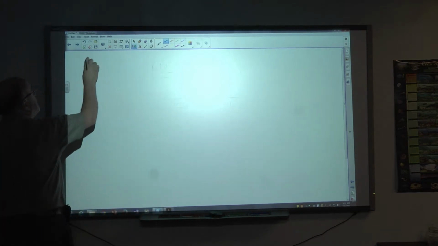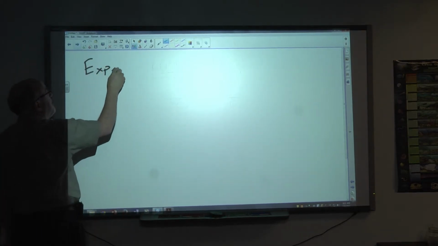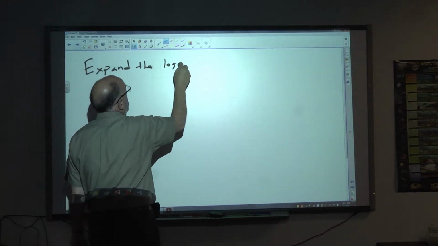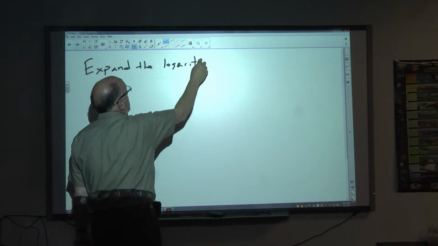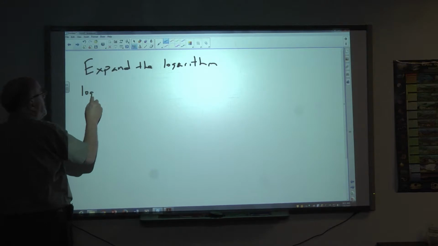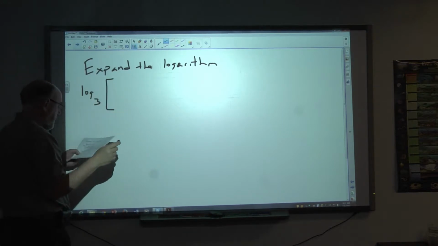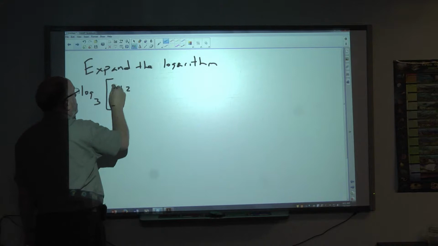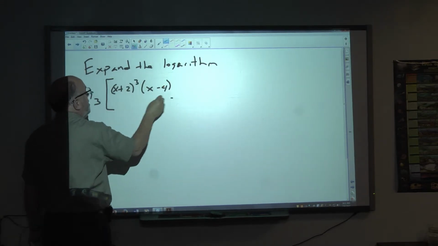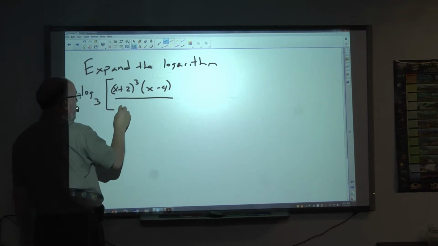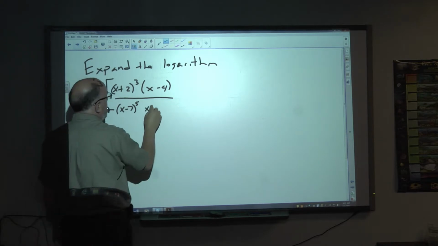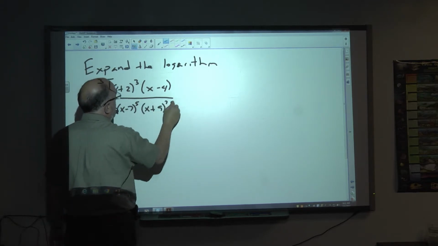Other things we need to be able to do is what's called expanding a logarithm. So given something like this, log base 3 of (x plus 2) cubed times (x minus 4) over (x minus 7) to the 5th times (x plus 9) squared.